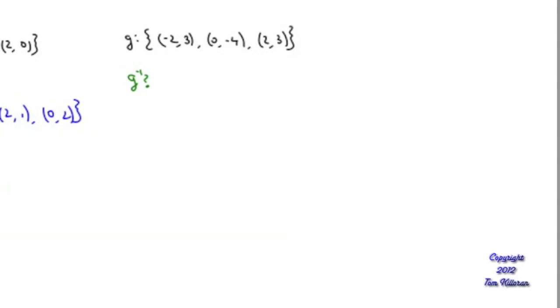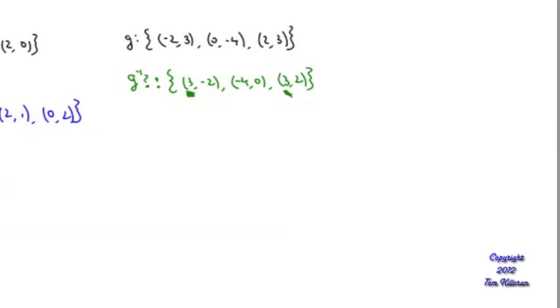If I invert it, I get (3, -2), (-4, 0), and (3, 2). What's wrong with that? I got repeating x's all of a sudden. I have a 3 there and a 3 there, and they're going to different ranges. So this is not a function. So what we're going to say is g is not invertible over its entire domain. I'm not going to say that g is not invertible, period, end of conversation.